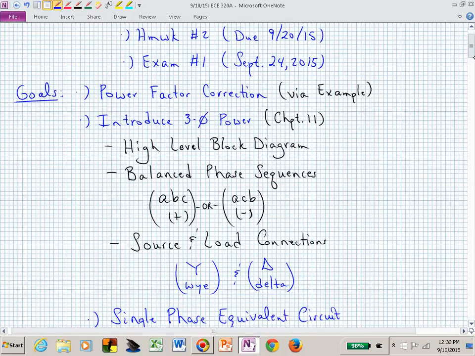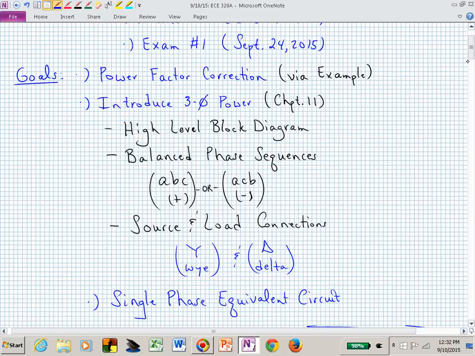Today what I want to do is get into three-phase power, but before we do that, I want to work through an example of power factor correction and make sure that that's clear. And that actually has some application for at least one of the homework problems, where you're trying to investigate what value is this X sub L in my transmission line.